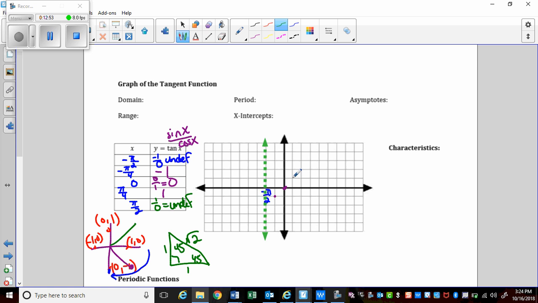So this is maybe pi over 4, and then at pi over 2, we again have an asymptote. You can try other points in here to see kind of what tangent looks like. You can try, especially your special right triangle, like the 30-60, but tangent is going to look like this.